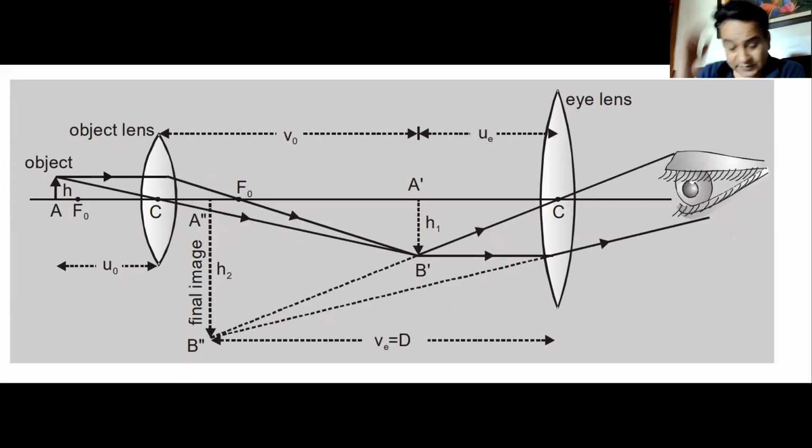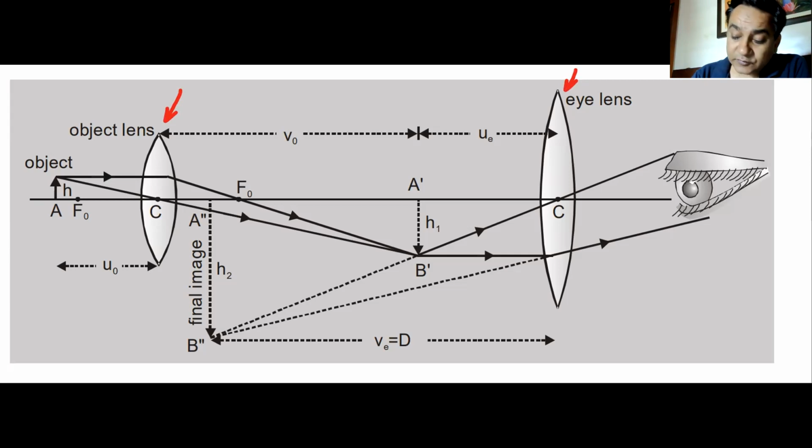Now, what is the difference that you see in this microscope and the previous one? Do you see some difference? Yes, the most obvious difference is that instead of one convex lens, it has two convex lenses. You can see this one is a bit smaller in size, and this one is a bit larger. There's a reason why this is so.